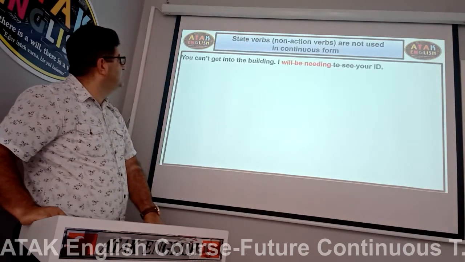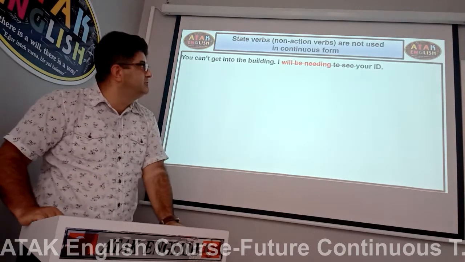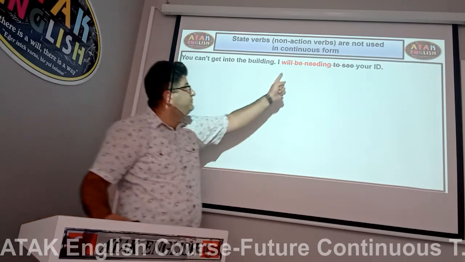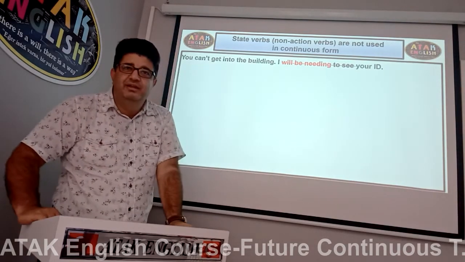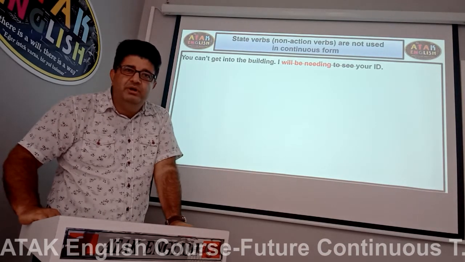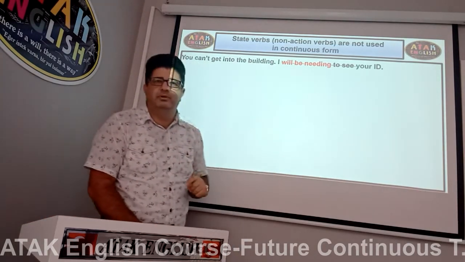Let's give an example. You can't get into the building. I'll be needing to see your ID. Does it sound right? I will be needing to see your ID. Need is a non-action word, therefore it cannot be used in continuous form.